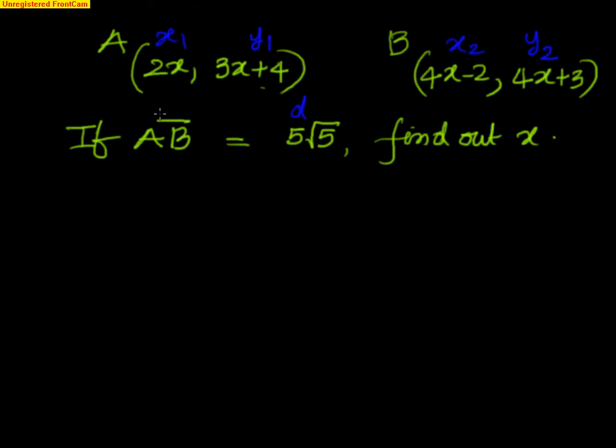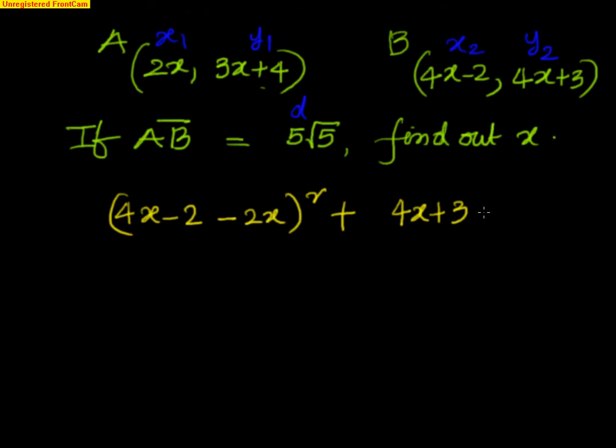This is my distance. Now if I substitute in the formula, x2 minus x1, that is 4x minus 2 minus 2x whole square plus y2 minus y1, that's 4x plus 3 minus of y1, that is minus 3x minus 4, I think you are with me, whole square is equal to 5 root 5 whole square, that is nothing but 25 into 5. 5 square is 25, root 5 square is 5.